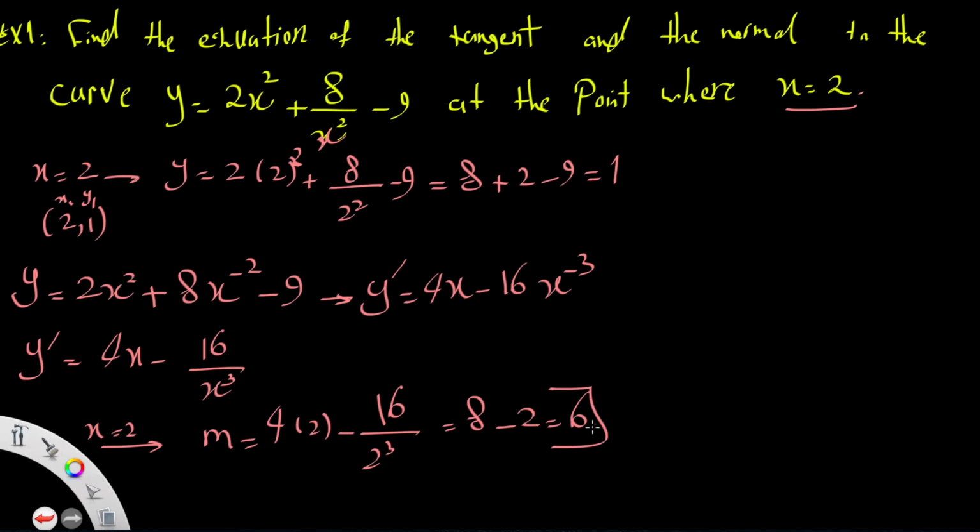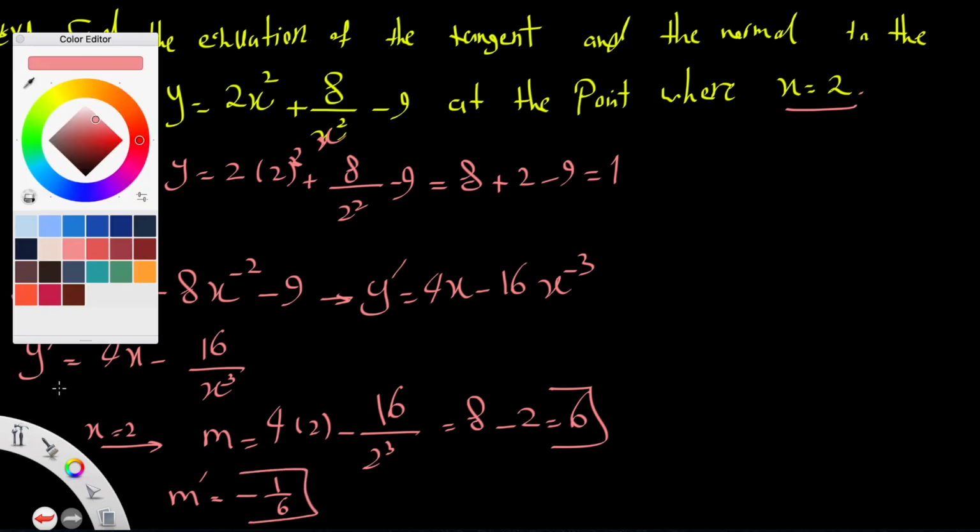Now m is 6, and we know from coordinate geometry and what you saw in the previous part that the gradient of the perpendicular, denoted by m prime, is the negative reciprocal, so it will be negative 1 over 6. So we have the gradient of both the tangent and the normal to the curve.